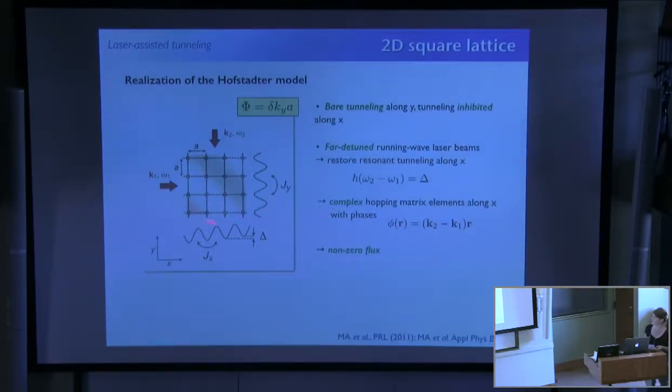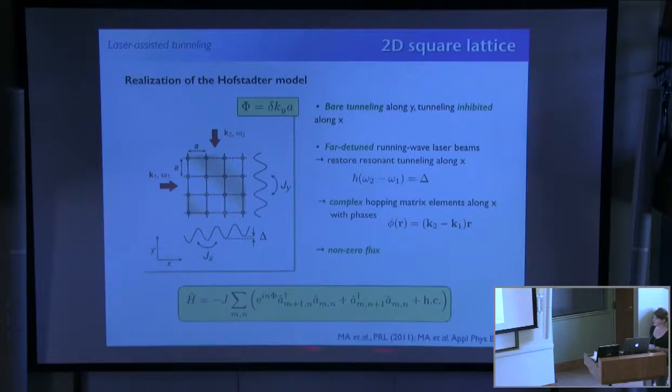And then you have to compare the phase along this bond compared to this bond, because laser-assisted tunneling occurs only along the x direction, where we have the initial potential energy offset, but not along the y direction. So this is what sets the phase, which in principle simply depends on the geometry of the laser beams that you have chosen here.